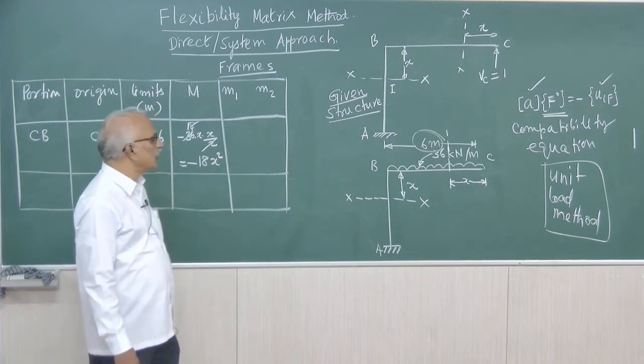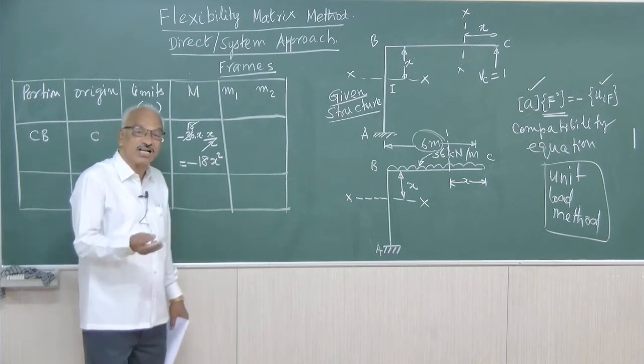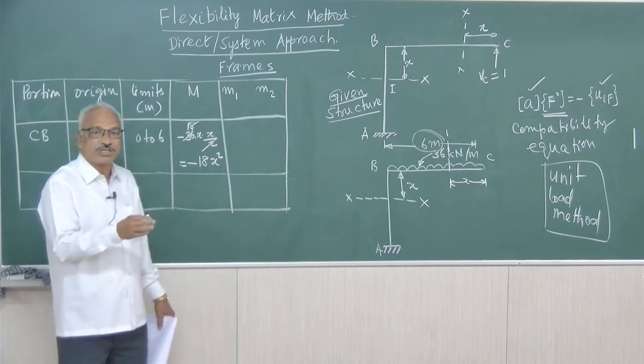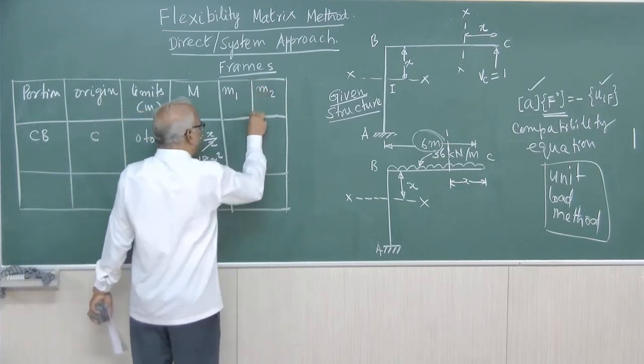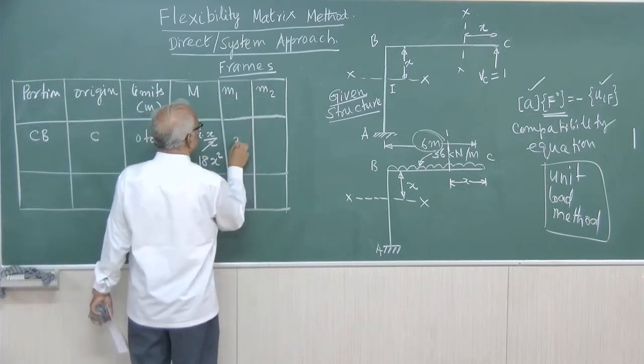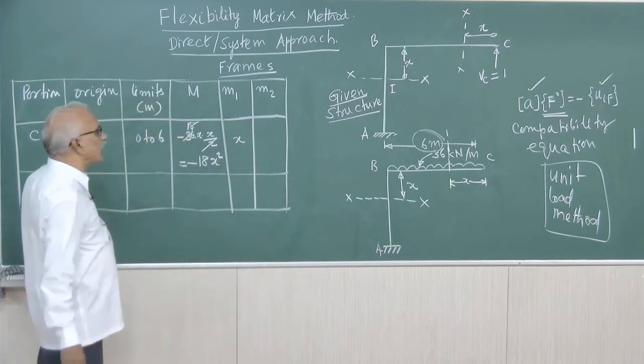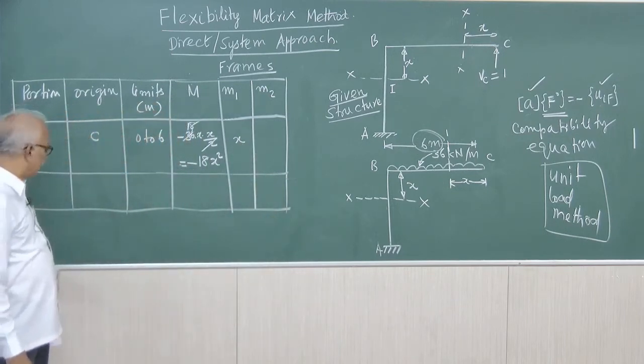So 1 into x is anticlockwise, and anticlockwise is positive. Therefore it is 1 into x, or simply x.